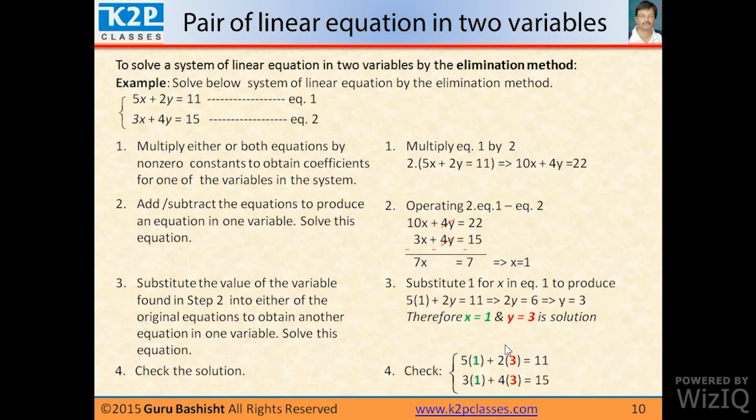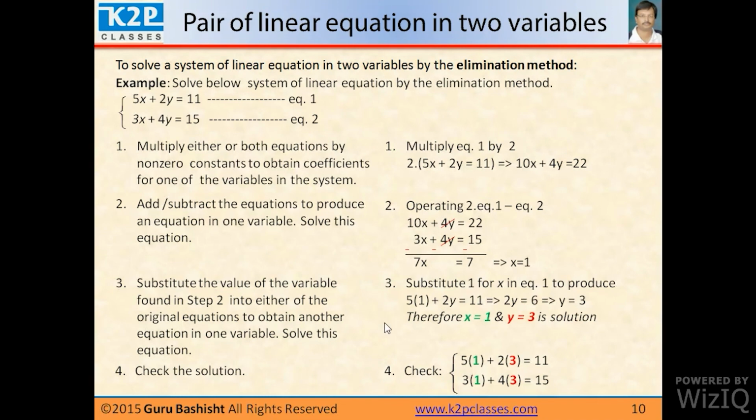To solve a system of linear equations in two variables by cross multiplication, let us consider the below system of linear equations in two variables: a1x + b1y + c1 = 0, a2x + b2y + c2 = 0.